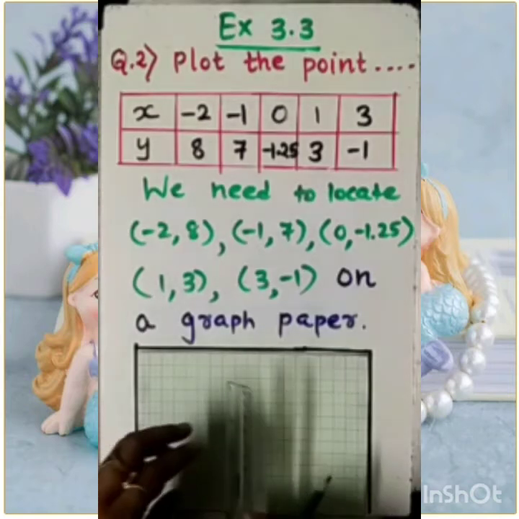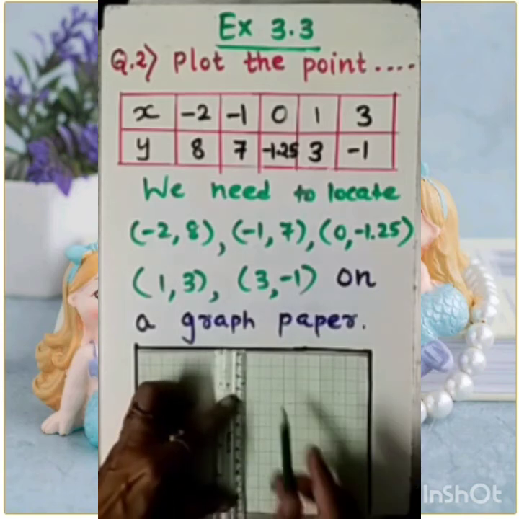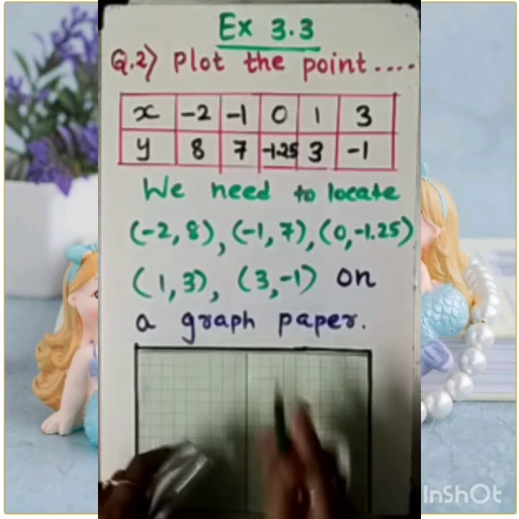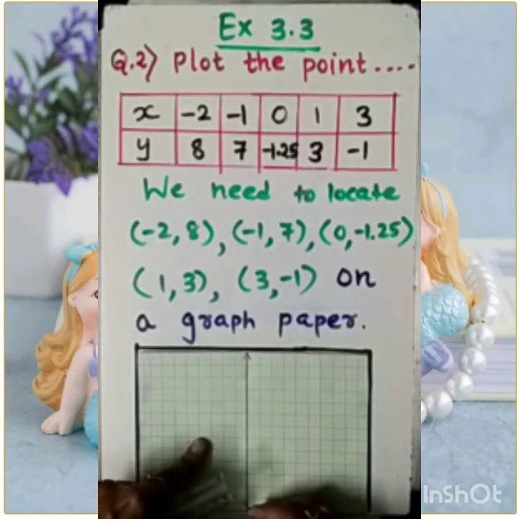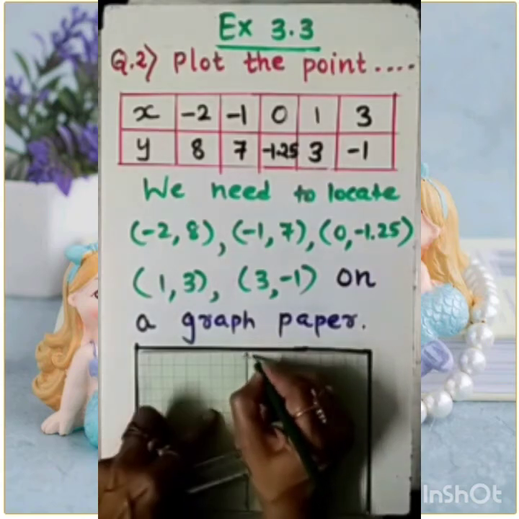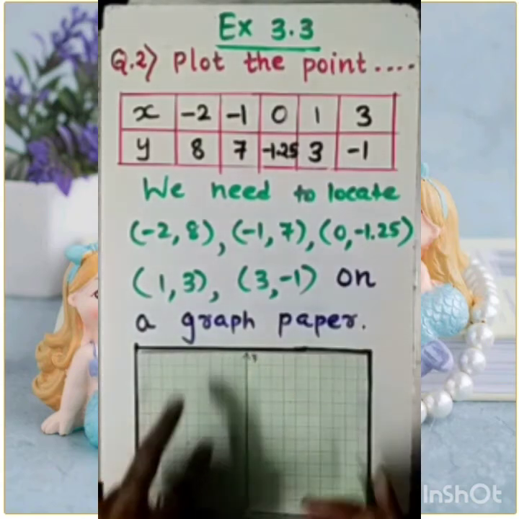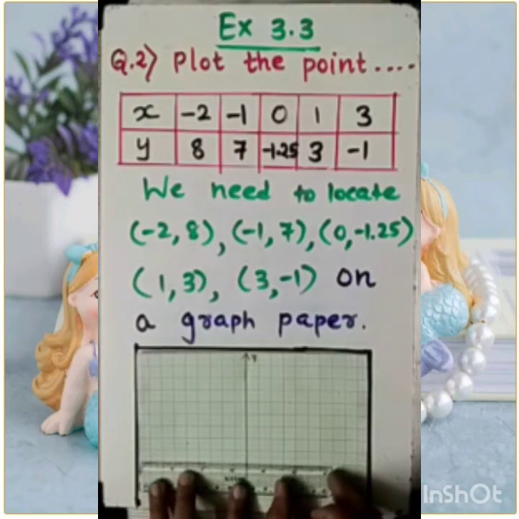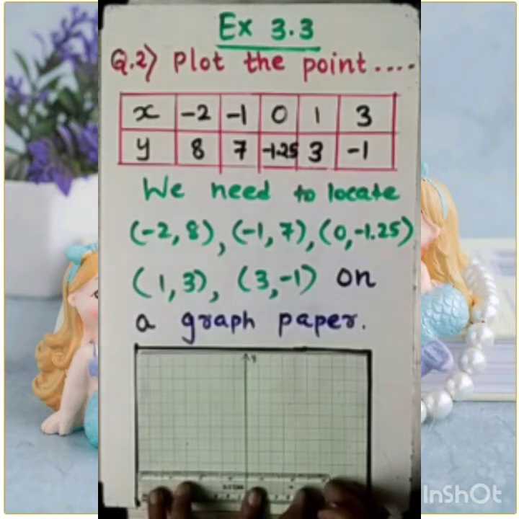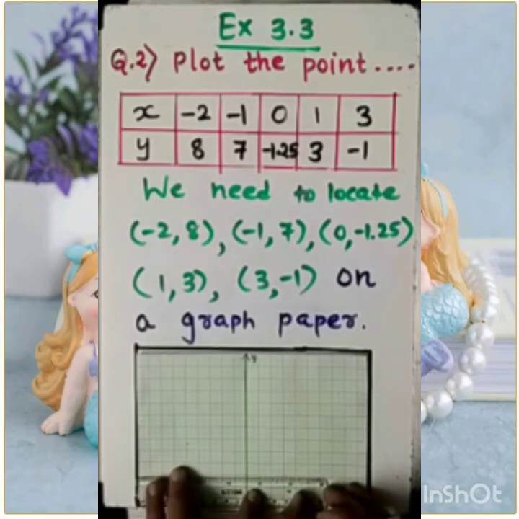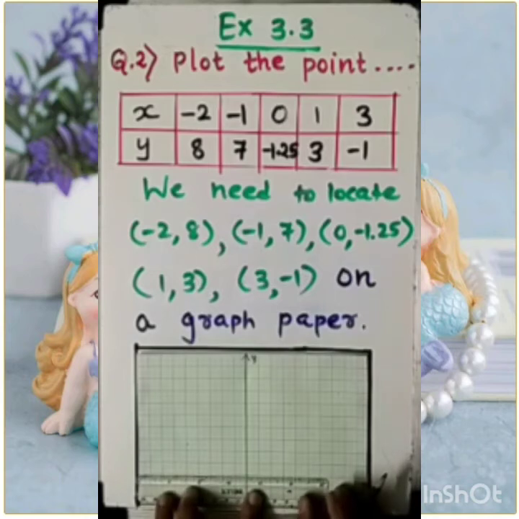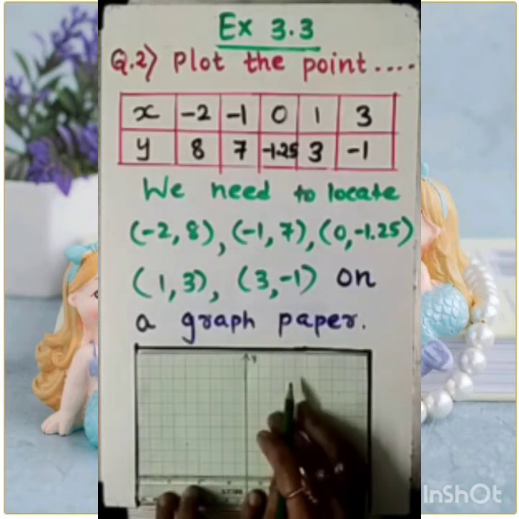First of all, I am going to draw the y-axis here. This is my y-axis. And here I am drawing the x-axis a little bit downwards. The reason is that we have to move up to 8, so it will be easy for us to work out according to that.